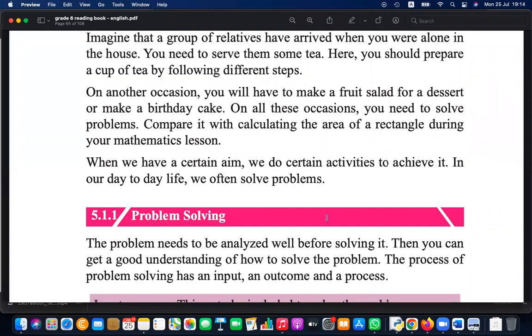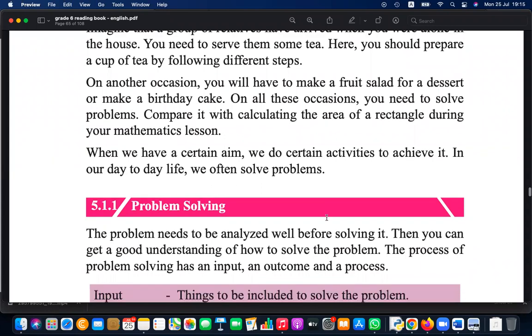We have already discussed what an algorithm is. An algorithm is a step-by-step procedure to solve a problem, right? It is an organized set of steps, or a step-by-step way, to solve a problem. We call that an algorithm.